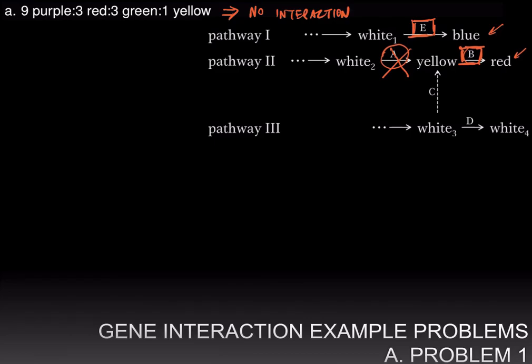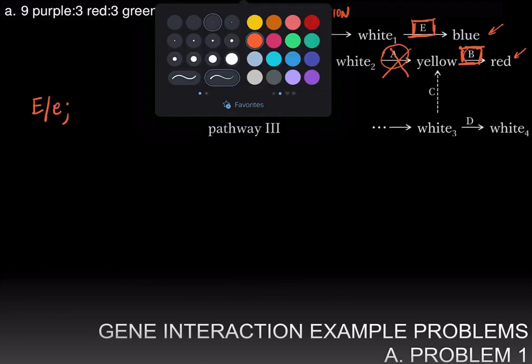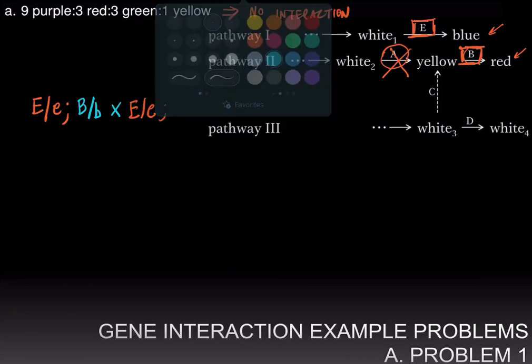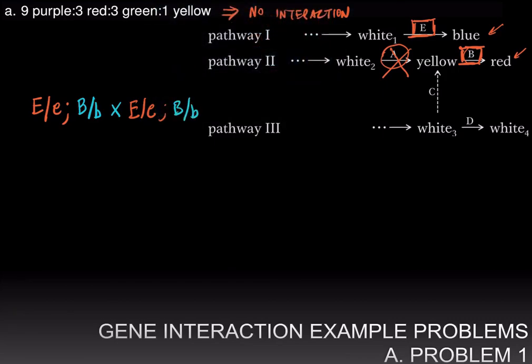And this implies that my dihybrid individual is going to be big E, little e, big B, little b, and when we do the dihybrid cross, we're going to cross this individual, or self this individual, to the same genotype, and that gives me my 4 phenotypic classes: big E over dash, big B over dash.